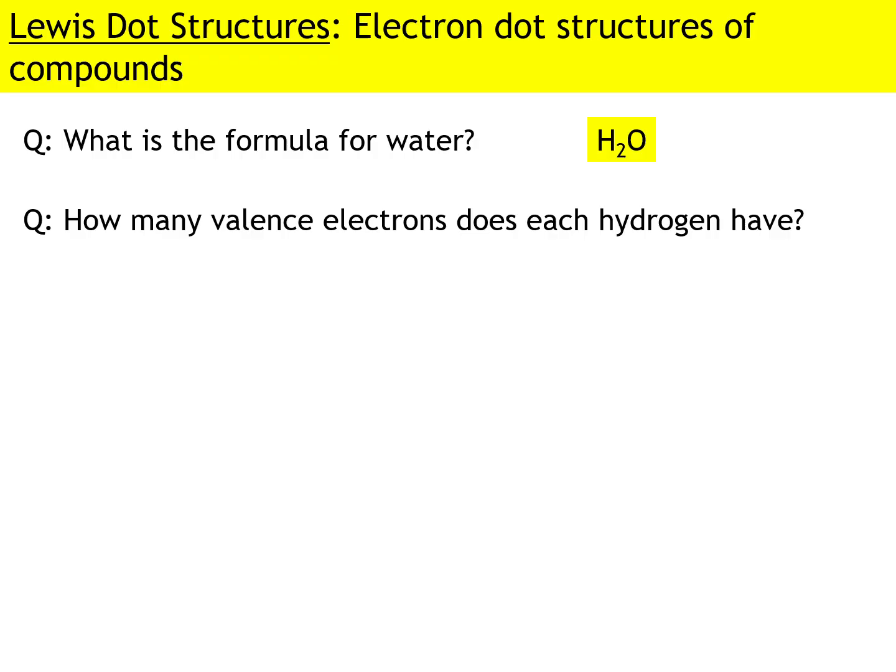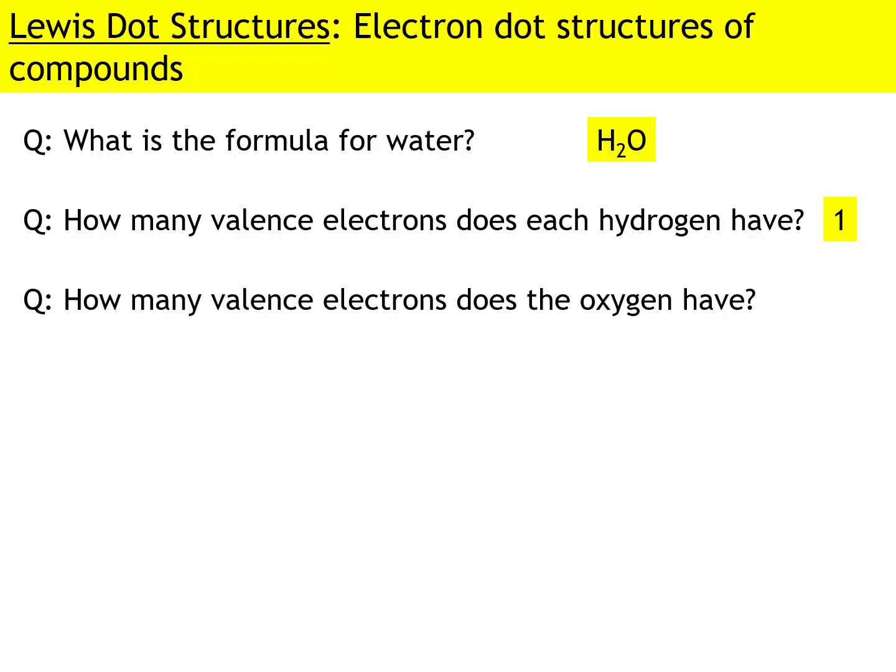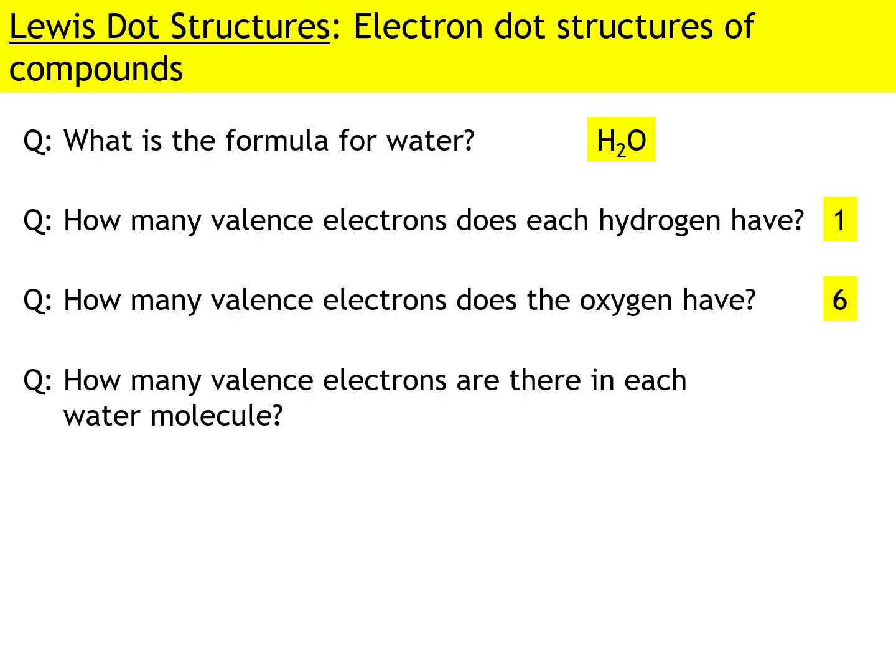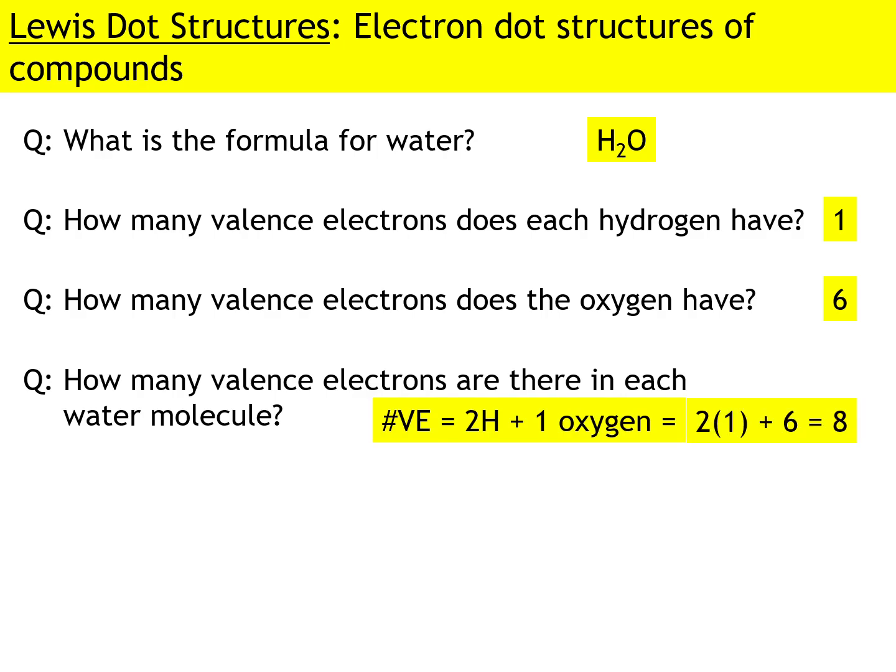Well, it's in group 1, so it has one valence electron. How many valence electrons does the oxygen have? Oxygen is in group 16, so it has 6. So how many valence electrons are there in total in a water molecule? Well, we've got 2 hydrogens and 1 oxygen, so it would add up to 8.